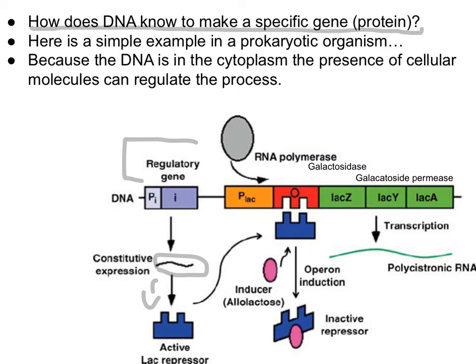The protein bonds onto DNA and locks that DNA down. Now it's only when you have something called an inducer, so this would be something from the environment, that comes in, that inducer is going to bond, remove that lock, and then you're going to be able to code the DNA. So basically like riding a bike. You can't ride a bike unless you unlock it first. So that's the thought I want you to have.